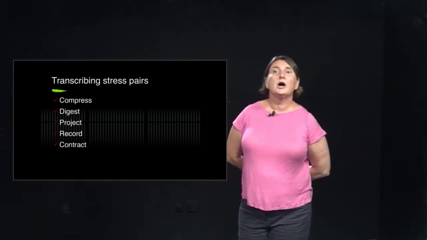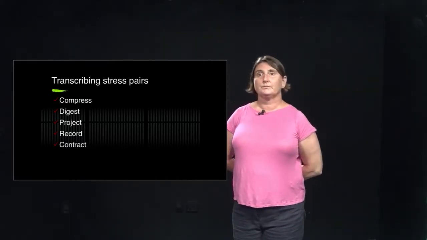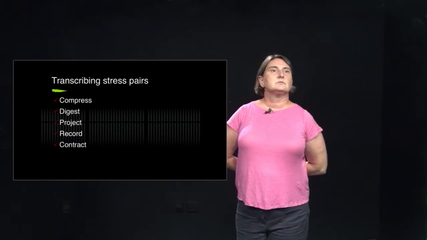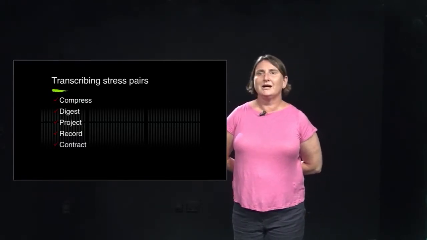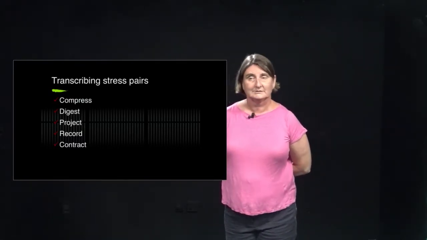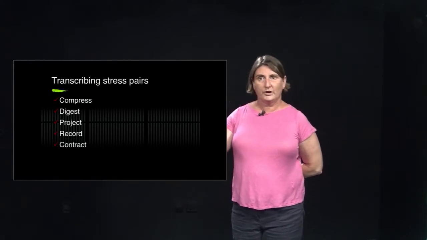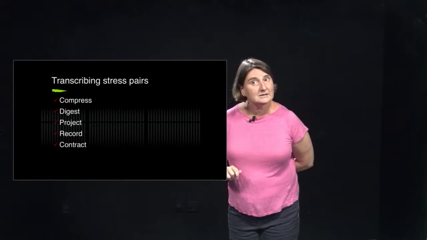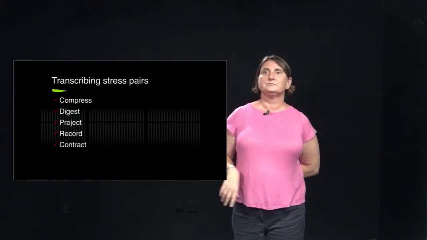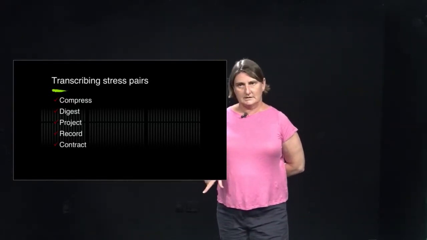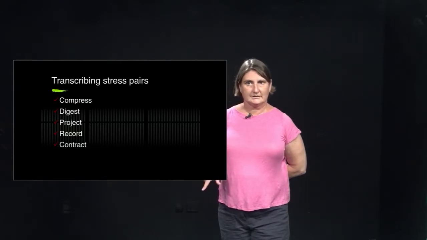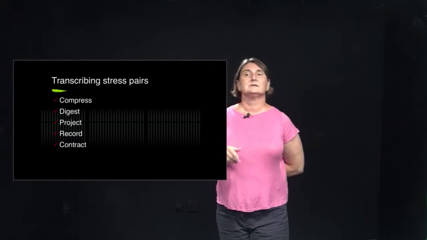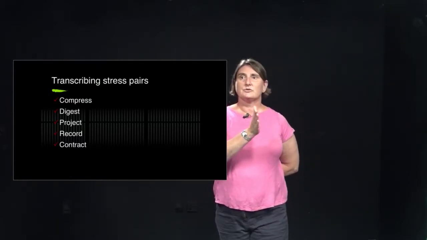So for a noun, a compress versus a giant squeezing machine will compress, right? So compress, that will have the stress on the first syllable, but compress will have stress on the second. Okay, digest, like Reader's Digest versus digest, digestion, so that has stress on the second.